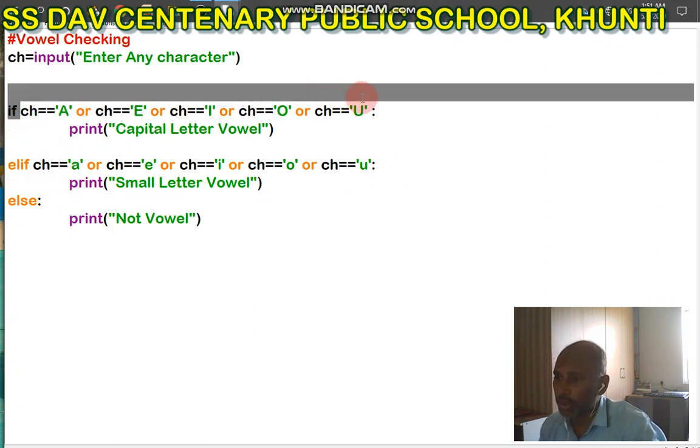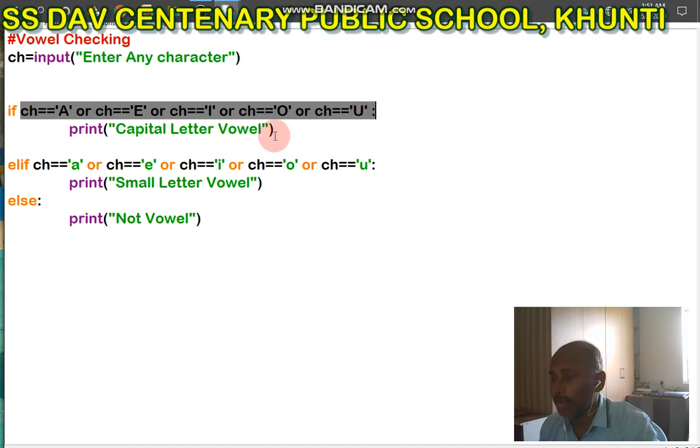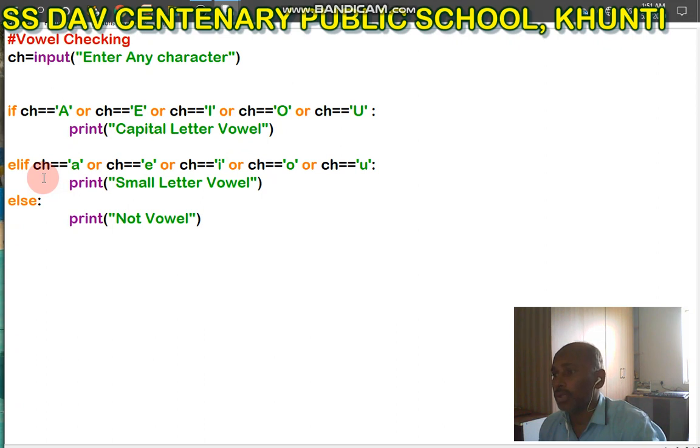If you have inputted capital letter vowel, you will see this output. If you have inputted small letter vowel, you will see a small letter vowel. If you have inputted consonant, means not vowel, then you will see else statement.